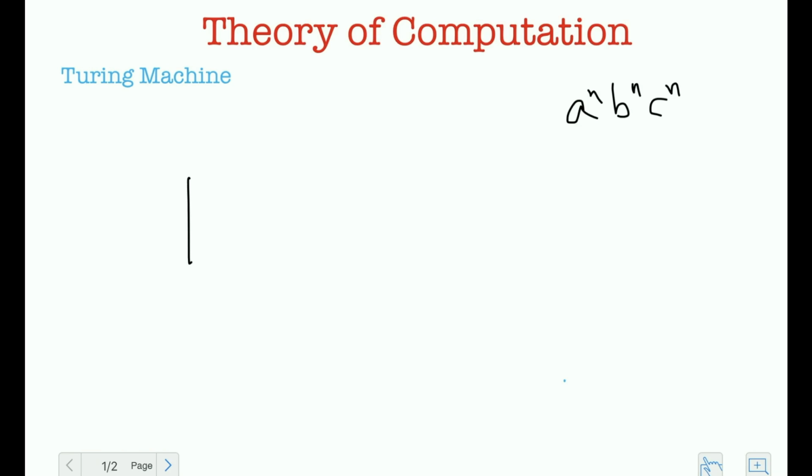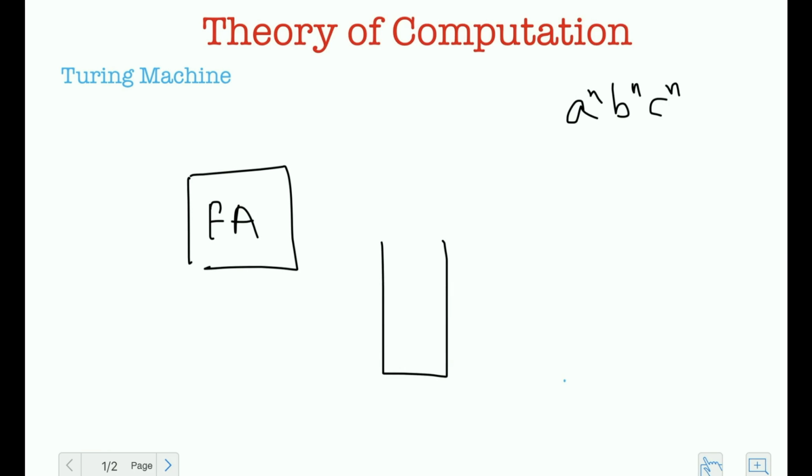So let's see what a Turing machine is. We have a finite automaton or a finite control, just as we had in our pushdown automaton. In our pushdown automaton we had a stack apart from the finite control, and we could push and pop onto this stack. In a Turing machine, the stack is the part that's going to be different.